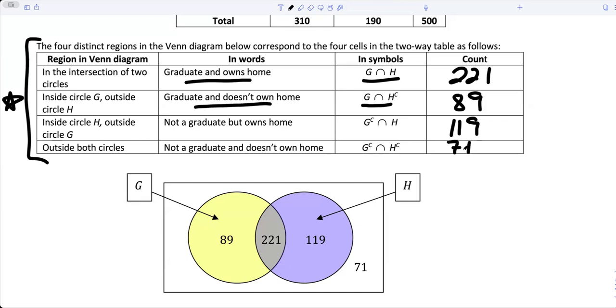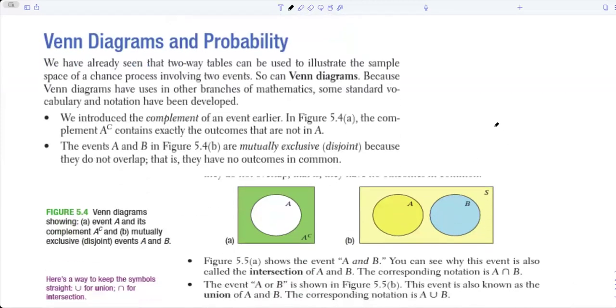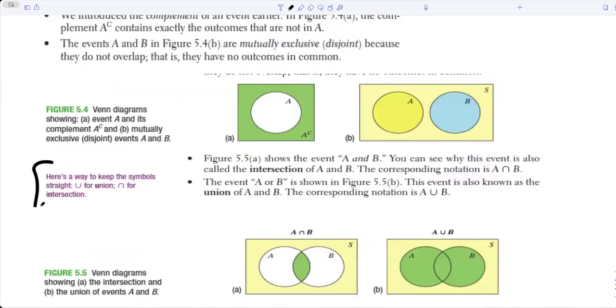Okay, so we're going to do one more example here, but you need to be familiar with the Venn diagram and the symbols. So I have the sample space, inside the circles, the probability of A, outside would be A complement. Here, they're mutually exclusive, inside the sample space S, inside the rectangle, and then I have A and B, but there's no intersection. If it's U, then that is union.